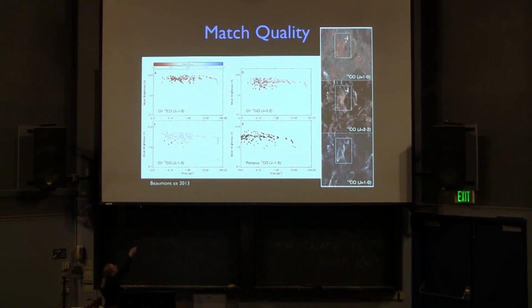Blue is good, red is bad. What you can see is the situation is pretty terrible. For 12CO, there's really poor match quality. You can see that up here if you just look at a slice through the data cube. Most of it is kind of pink here. And then as you go to a higher transition, it gets a little bit better, but not very much.